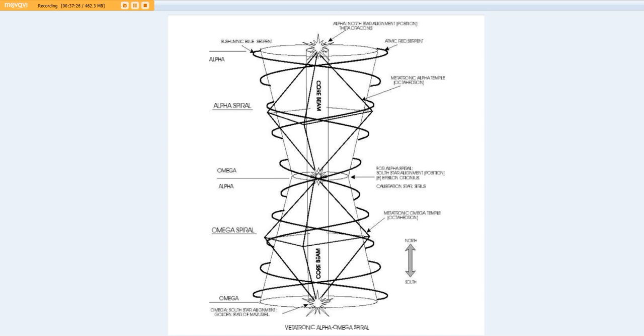The Alpha North Star alignment position of Theta Draconis. Now, I'm not sure. And then the Metatronic Alpha Omega spiral. This is the whole spiral. So the bottom one is the Omega South Star alignment, and that's the Golden Star of Mazariel.